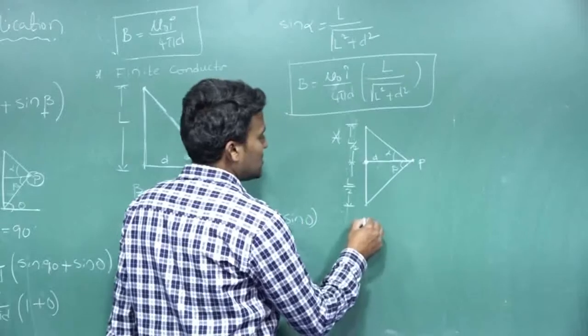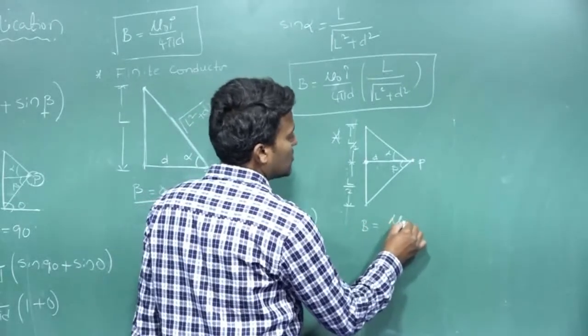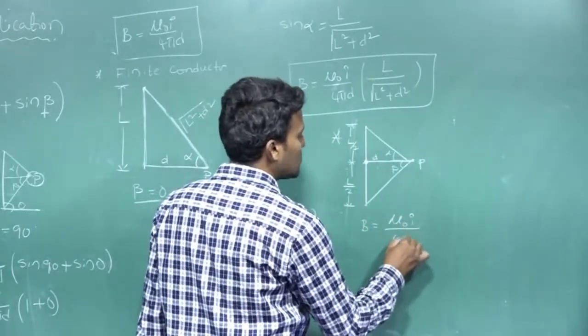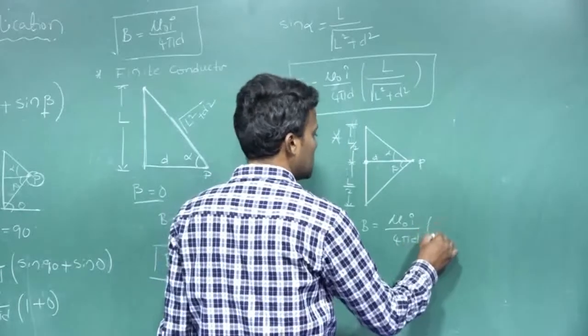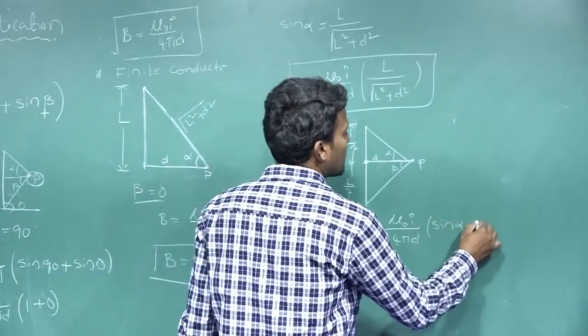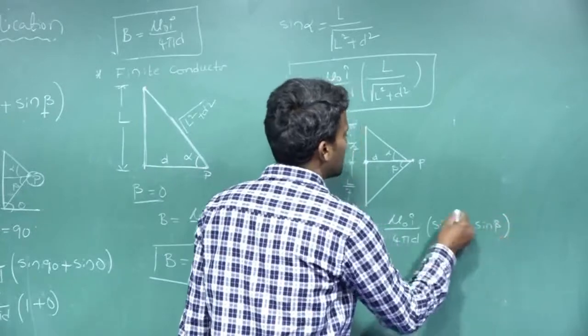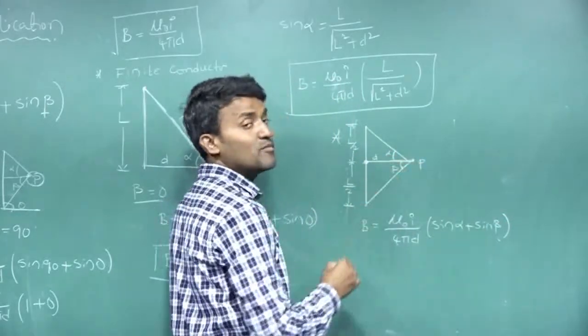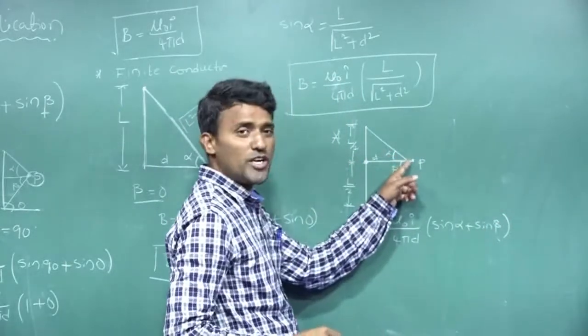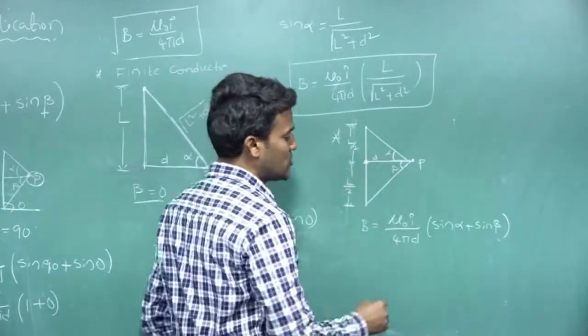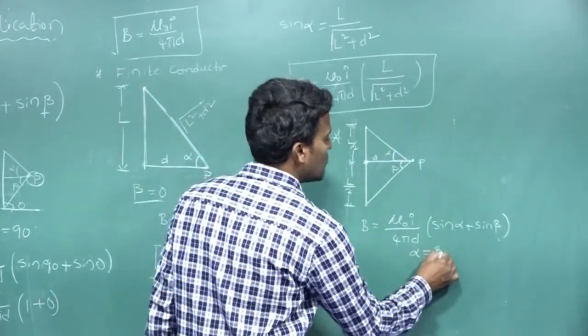Now what is the formula? B is equal to mu naught I divided by 4 pi d, sin alpha plus sin beta. Both angles are the same because we took exactly the midpoint, so alpha is equal to beta.